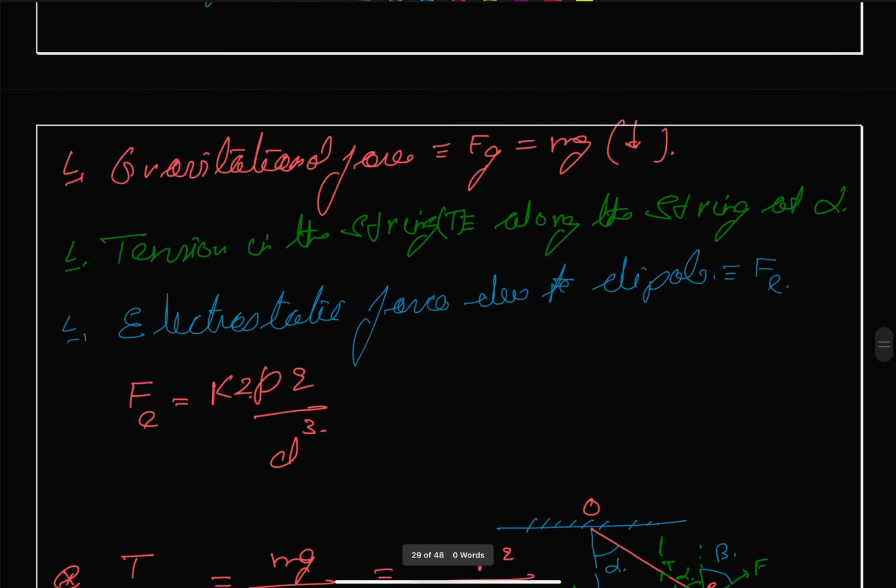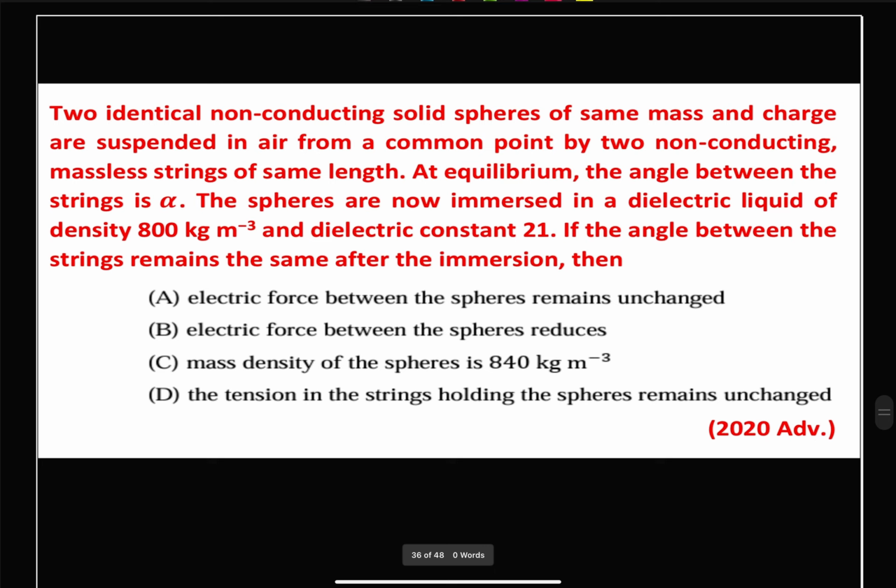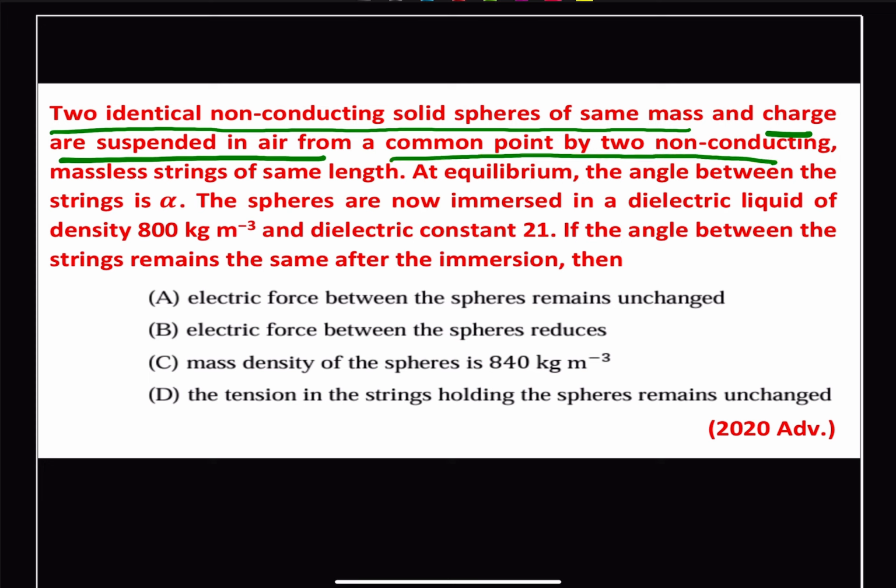Next question. We are given that two identical non-conducting solid spheres of same mass and charge are suspended in air from a common point by two non-conducting massless strings of same length. At equilibrium, the angle between the strings is alpha.